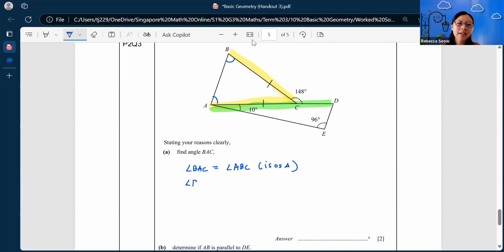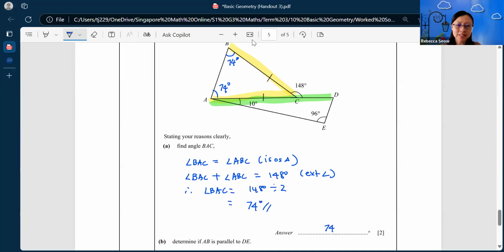Then angle BAC plus angle ABC is equal to 148 degrees, based on exterior angles. And therefore angle BAC would be half of 148 degrees.